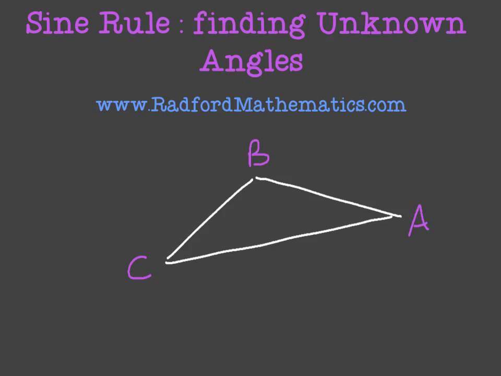We now label the side lengths, and these are labeled with the lowercase letter of the angle that they're opposite to. So the side length opposite the angle A will be labeled lowercase a. The side length opposite the angle B will be labeled lowercase b. And last but not least, the side length opposite angle C will be labeled lowercase c.